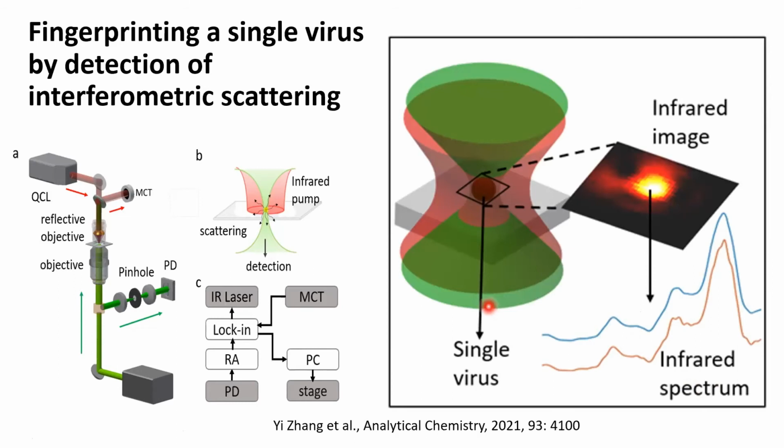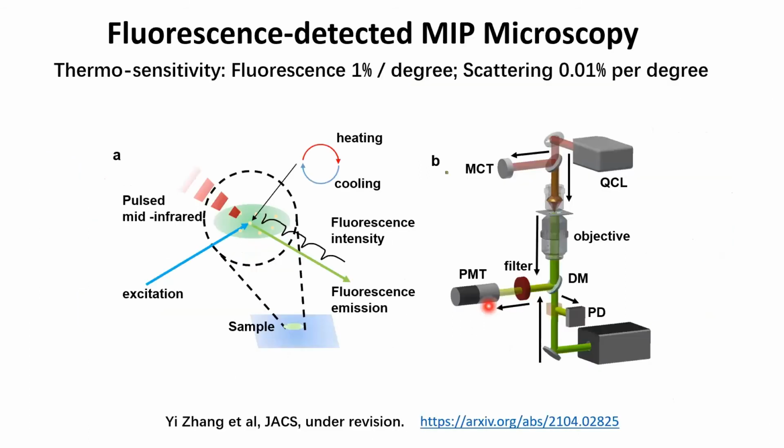But finally, I want to show you a couple of slides to show that we can think out of the box again. The method is called fluorescence-detected MIP microscopy. The rationale behind this is that the thermal sensitivity of fluorescence is much bigger than scattering. Fluorescence emission intensity can change 1% per degree, while scattering changes 0.1% per degree.